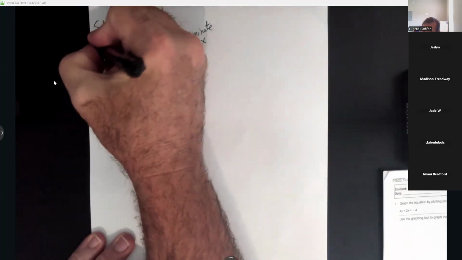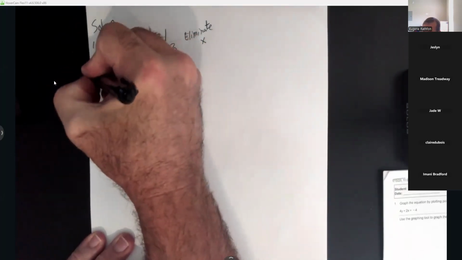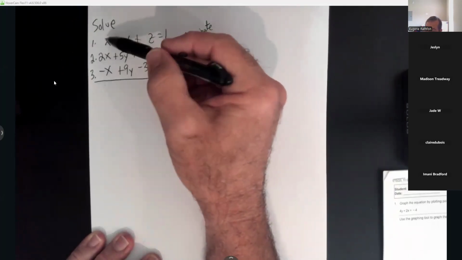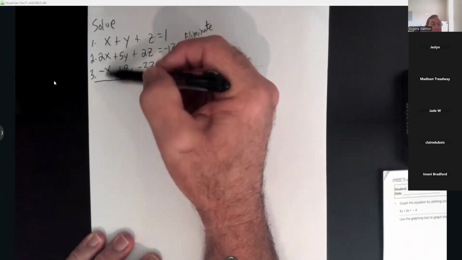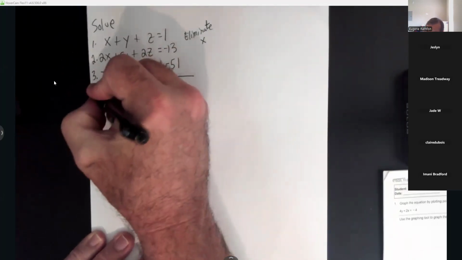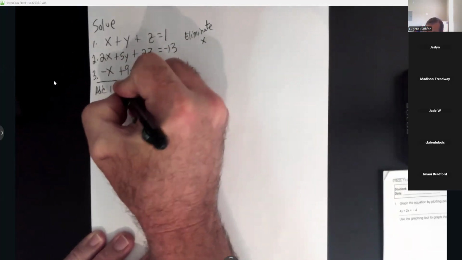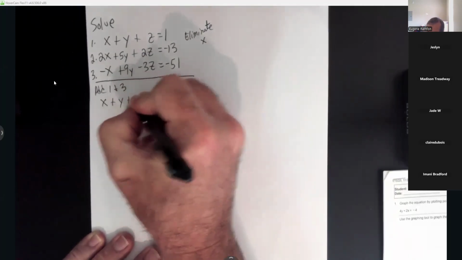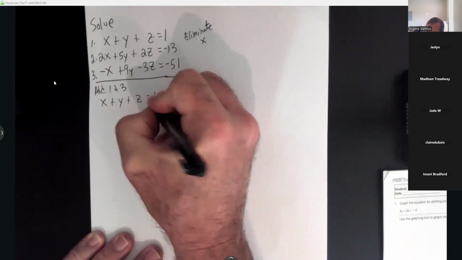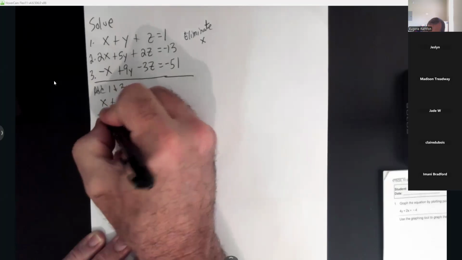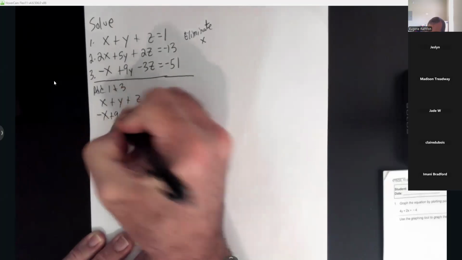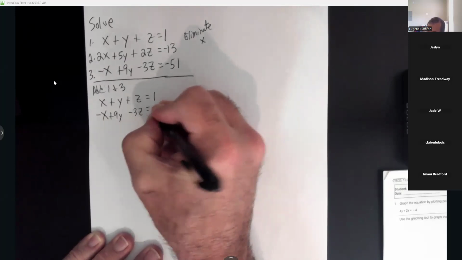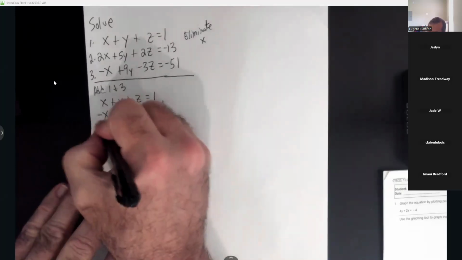So remember, here's row 1, row 2, and row 3. So first I'm going to add 1 and 3 because that x and negative x will cancel out. So I'm going to add 1 and 3 first. So x plus y plus z equals 1. And this one was a negative x plus 9y minus 3z equaled a negative 51.